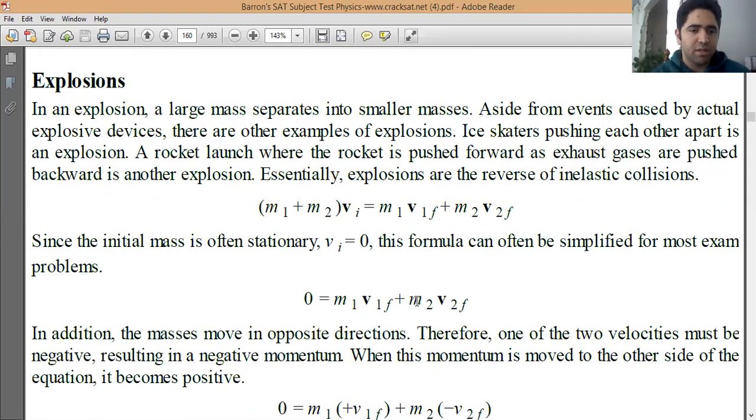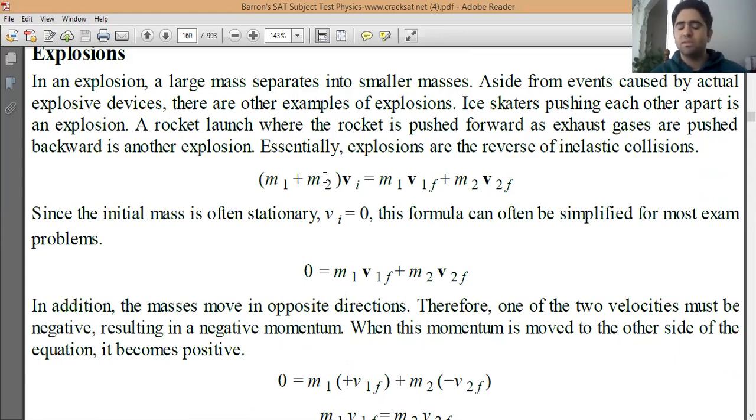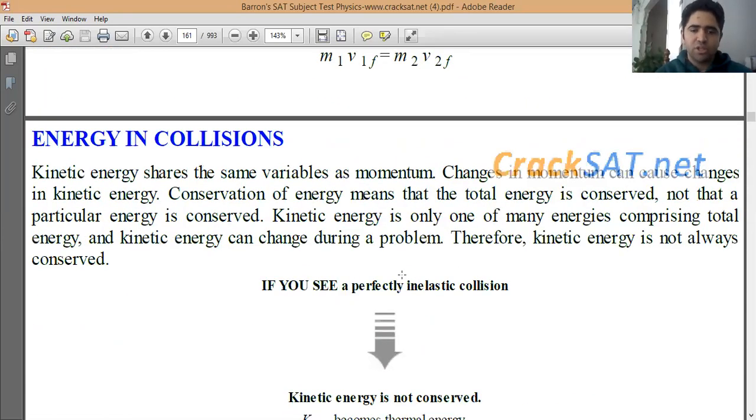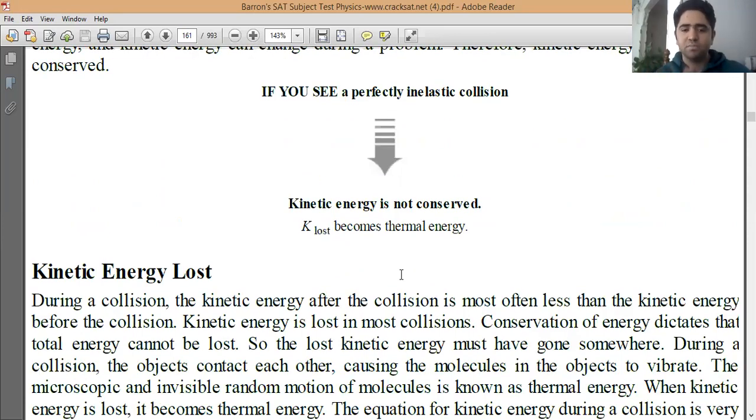So don't worry about it. For explosions, just understand how conservation of momentum works in the three situations that we had. Energy in collisions. I'm just going to teach this part, and then I'll make a quick summary of conservation of momentum.